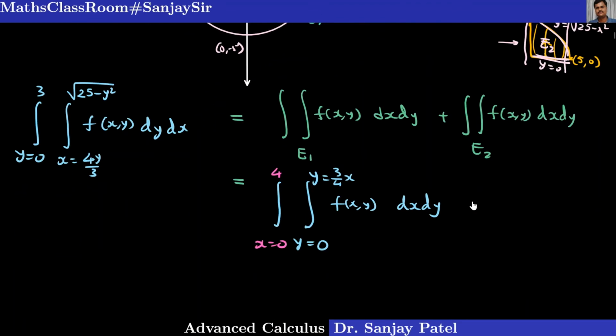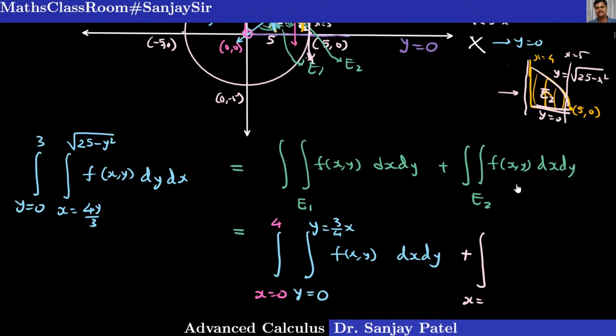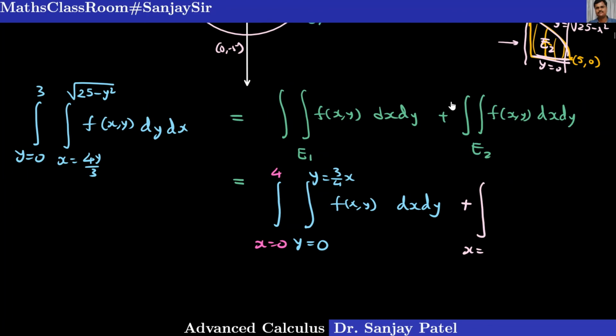So I can write the second double integral like this. Here x varies from 4 to 5, and y varies from the x-axis, that is y equal to 0, to the circle, that is square root of 25 minus x square, and it is dy dx.